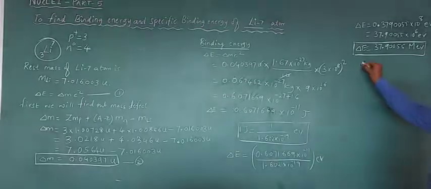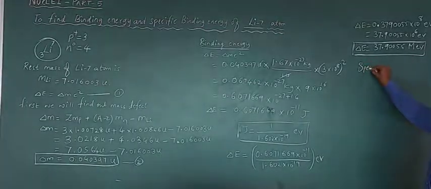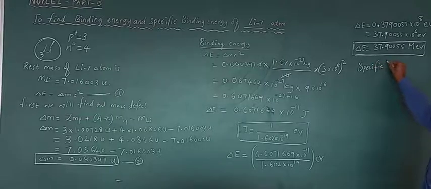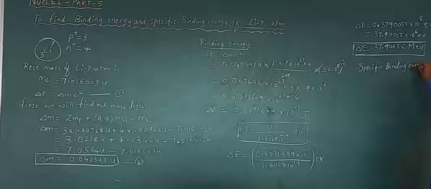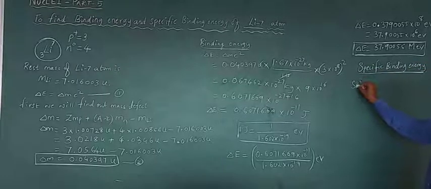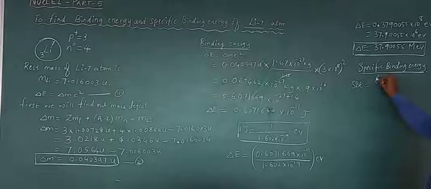Now we find the specific binding energy. The specific binding energy is defined as the binding energy divided by its mass number.